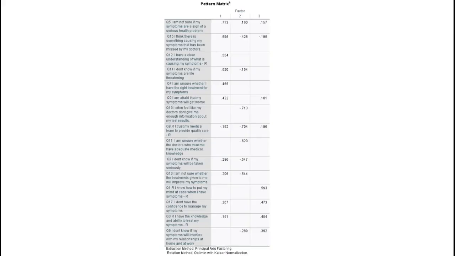So hopefully this in-depth examination of the pattern matrix makes sense to you in terms of thinking about the underlying dimensionality or structure of this phenomenon. This is a phenomenon, a latent variable that has three underlying components, right, or dimensions to it.